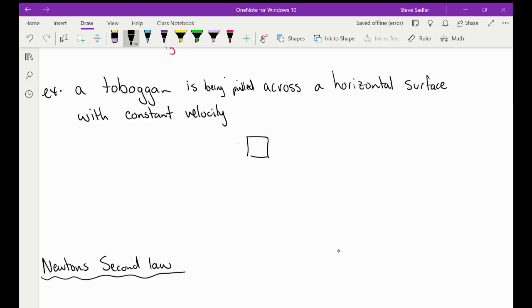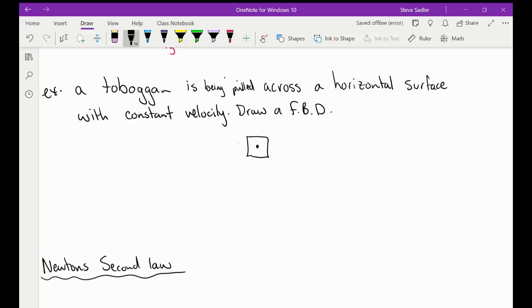We're going to talk about why that constant velocity is important, but for now let's just draw our free body diagram.